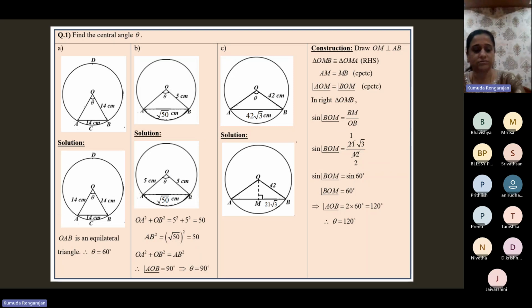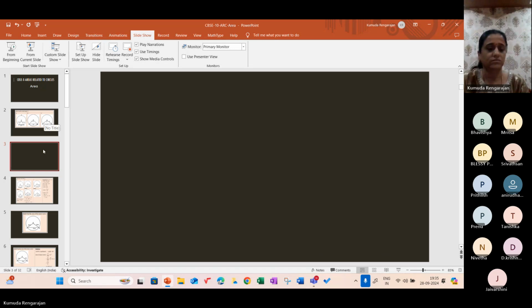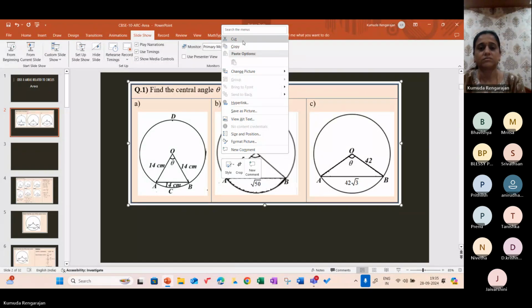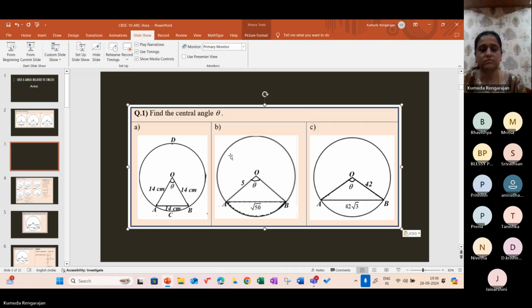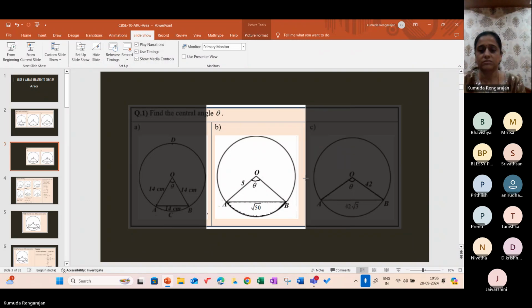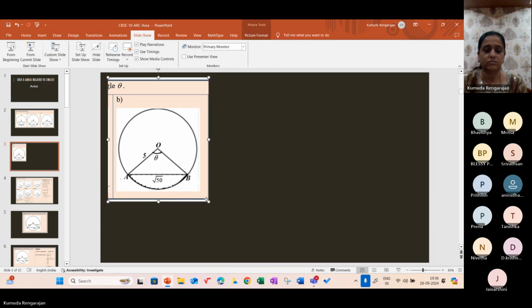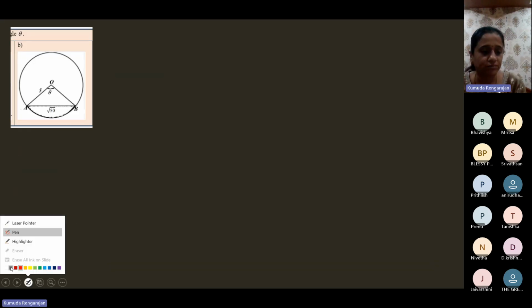You can also find it for the second figure. Here also we can use trigonometry.